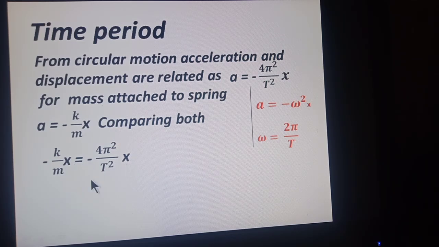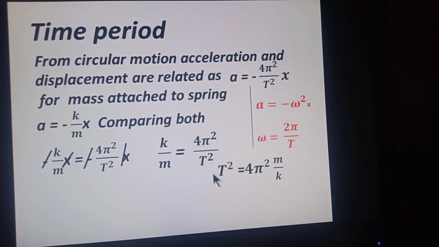Some of the terms will cancel each other. Negative sign will be cancelled with this negative sign. x will be cancelled with this x. We are left with k by m equals 4 pi square over T square. Rearranging this equation, taking T square on the other side, T square is equal to 4 pi square, m will be here and k will move downward.